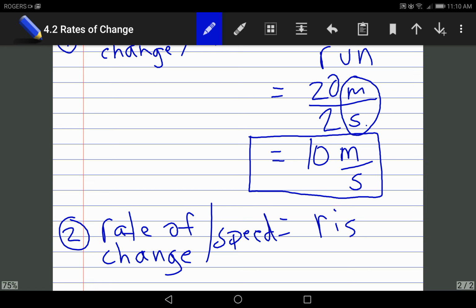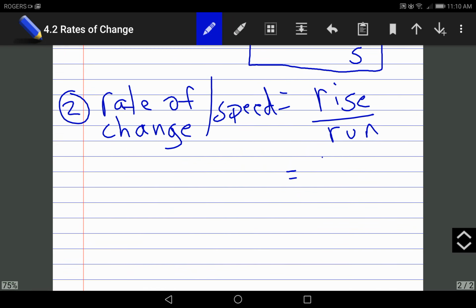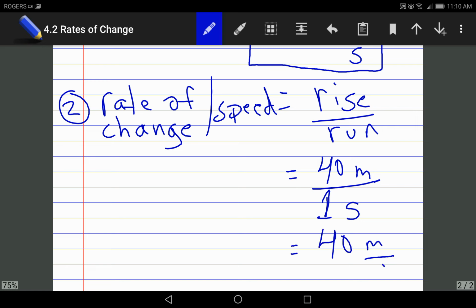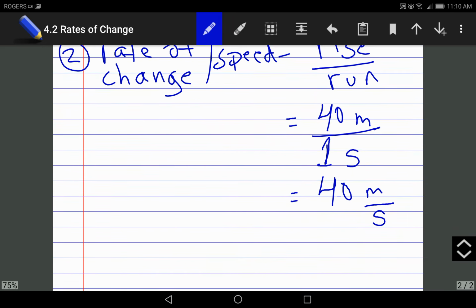It is my rise over run, which is 40 meters divided by 1 second. And I don't want this to look like a 5. Okay, so I'll do my best to draw it as an S, which is 40 meters per second. All right, and I'm going to box my final answer there.